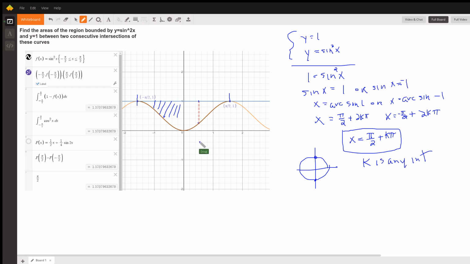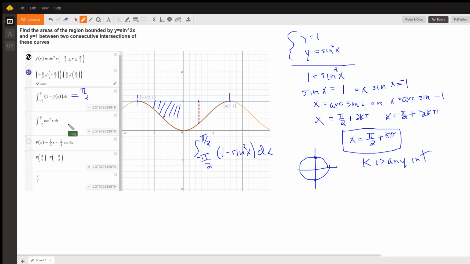So we could say the definite integral from negative pi over 2 to pi over 2 of top minus bottom dx. And I've actually evaluated that right here, 1.57. It looks like that's the same as pi over 2.